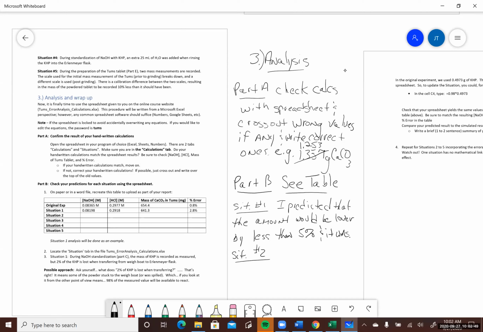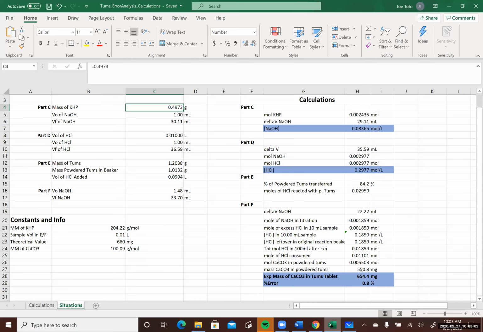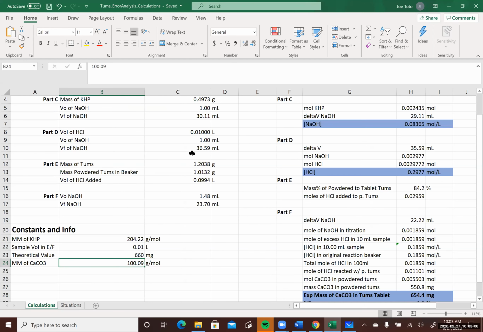All right, so to show that 2% less KHP was actually transferred, we can go to the Excel spreadsheet, and this is the calculations part. So you're going to go through, look at this, and check your calculations and correct your calculations if they're wrong.